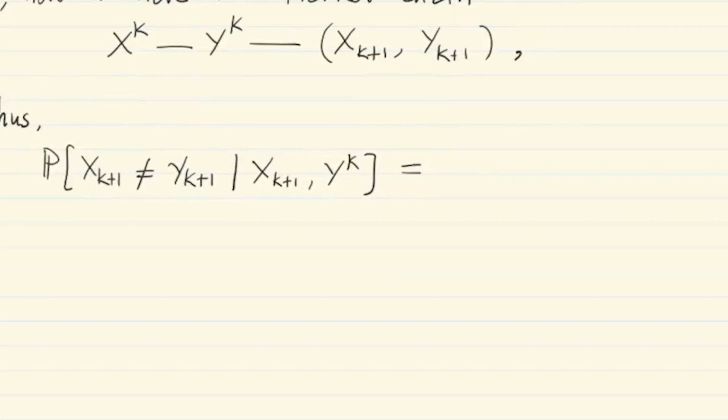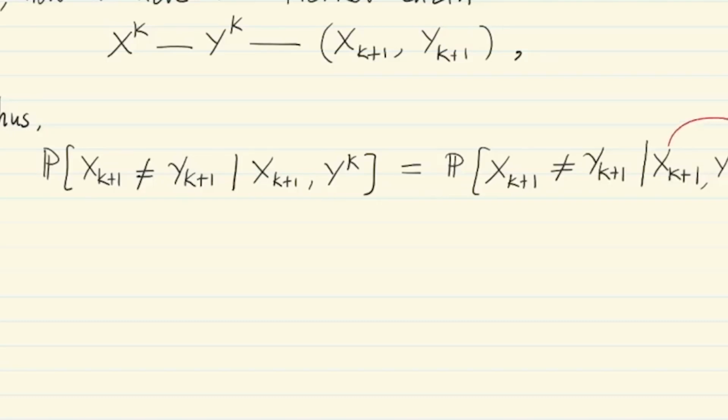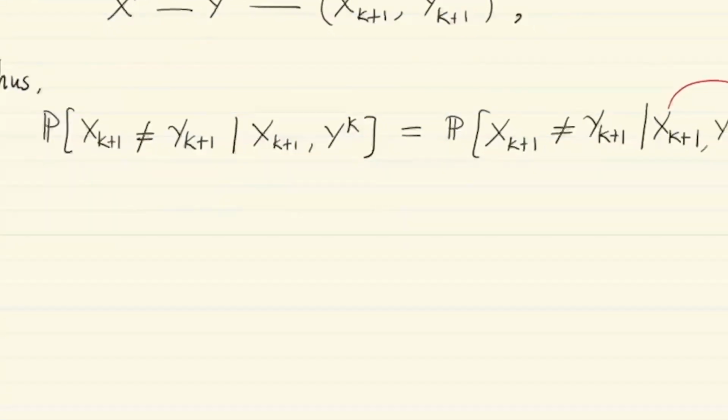If you map it to the Markov chain diagram here, it's the probability of some event involving the rightmost Markov chain element conditioned on a part of it itself, which is xk plus 1 and yk. So we can add by the Markov property xk for free, x1 through k for free. Okay, so what the Markov chain picture means is that for free, because of the Markov property, we can add xk plus 1 yk, and we can add for free x1 through k. And now if we just combine these two elements, it's just the entire vector x1 through k.